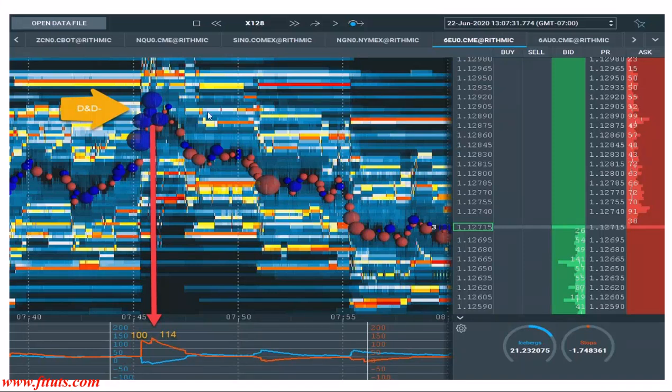So for instance, if you were to get in right here and then you put your stop here, right, and then the market moves up and stops you out, don't be afraid to get back in once it moves below this level, and give it another chance, right? Especially in these markets that I'm telling you tend to go a little bit outside of that area and then come back. Again, because when you're right, you're going to be making multiples on your trade, so you can afford to try it once or twice because you're not risking a lot on the trade.